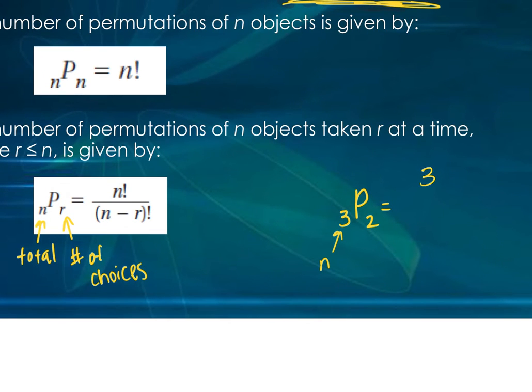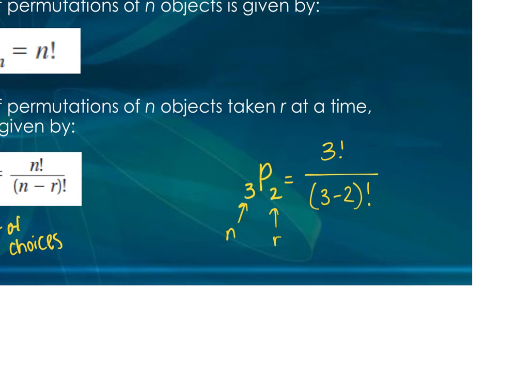So it'll be 3 factorial over, and this is my r value. It's n, which is 3, minus my r value, which is 2, factorial. So this is going to be 3 factorial over 3 minus 2 gives me 1 factorial.